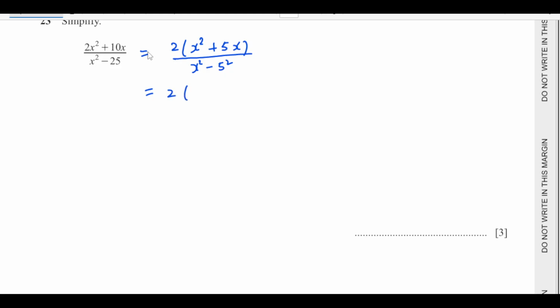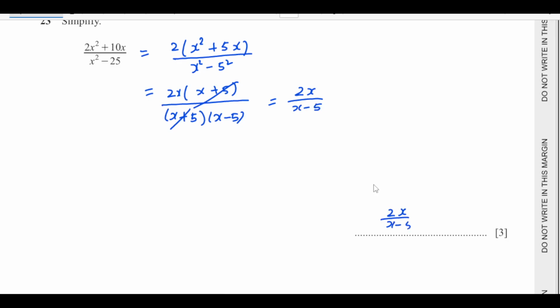So 2x is common, so x plus 5. Down here we are using a squared minus b squared, which is a plus b and a minus b. So x plus 5 is gone, and we have 2x over x minus 5.